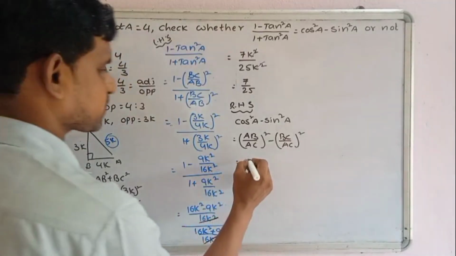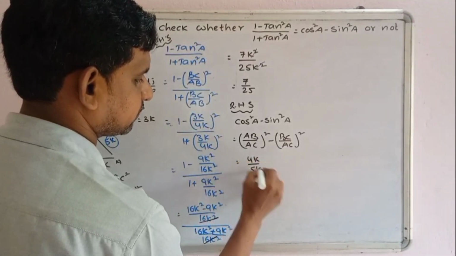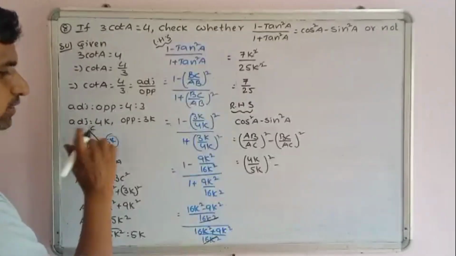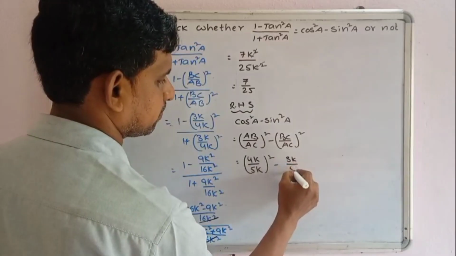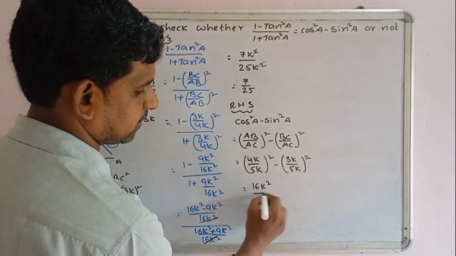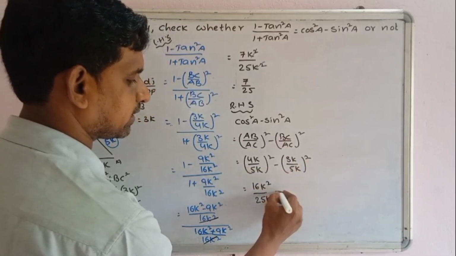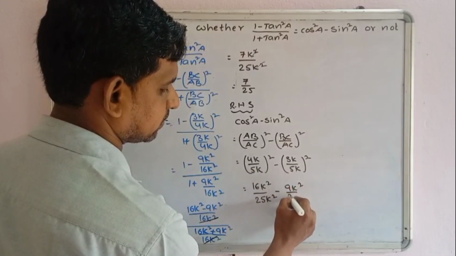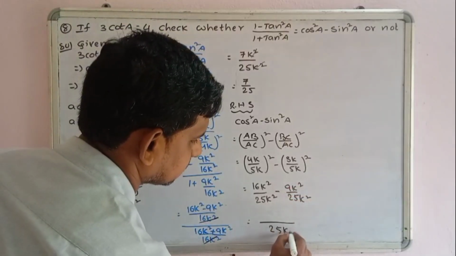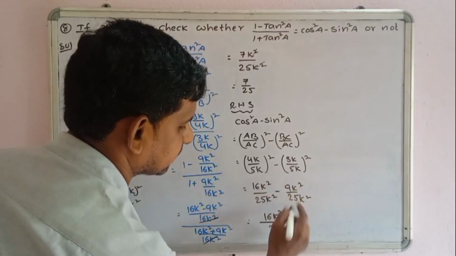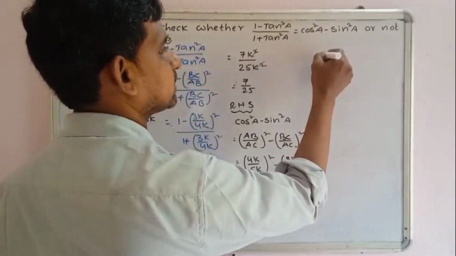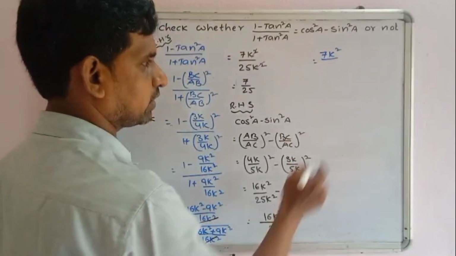So AB value is 4k, AC value is 5k, squared, minus BC value 3k by 5k whole square. So 4 square 16k square by 25k square minus 9k square by 25k square. Here 25k square is the LCM, so 16k square minus 9k square is 7k square by 25k square.